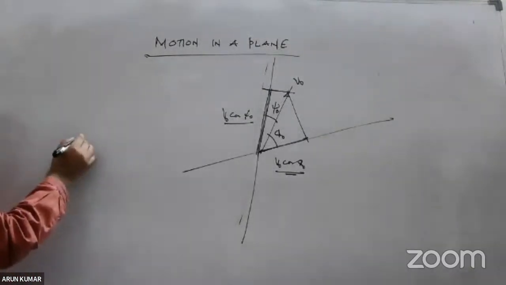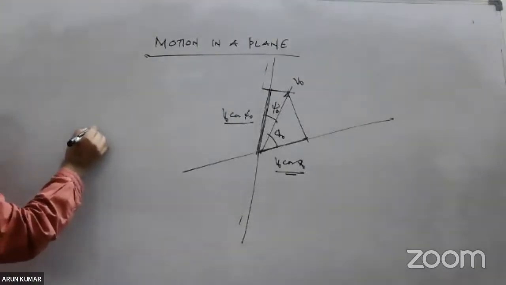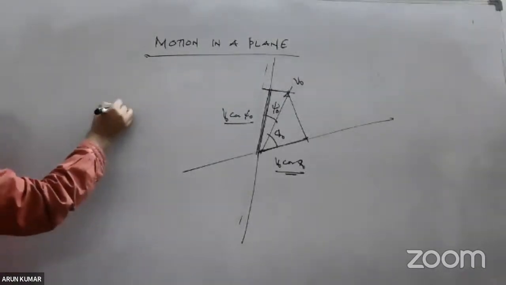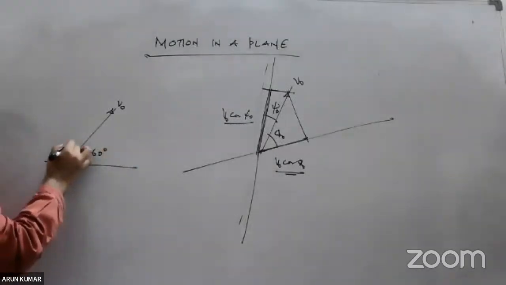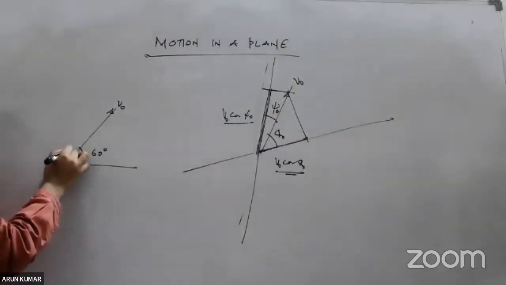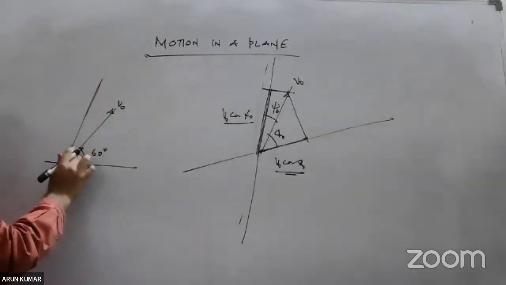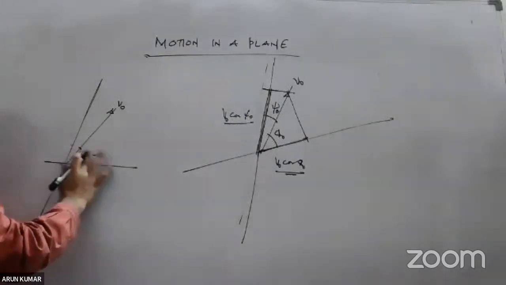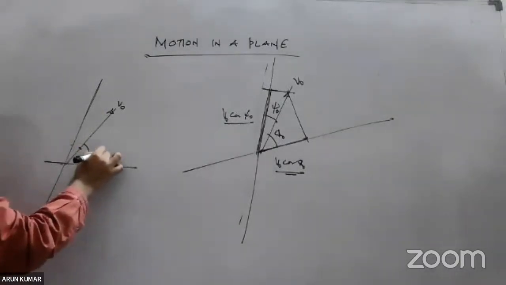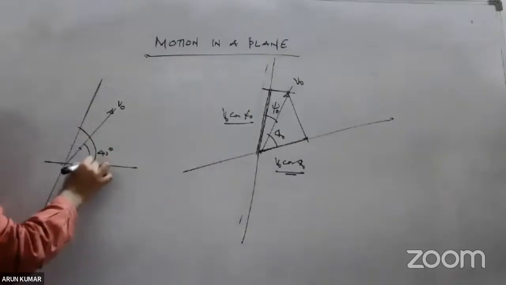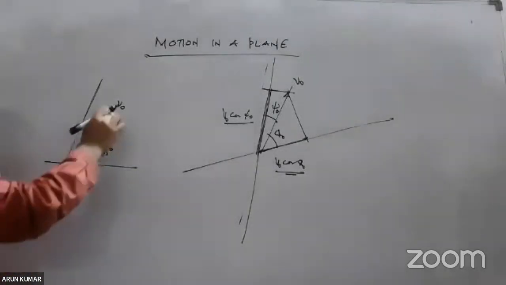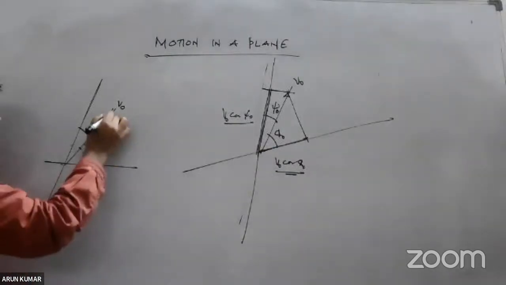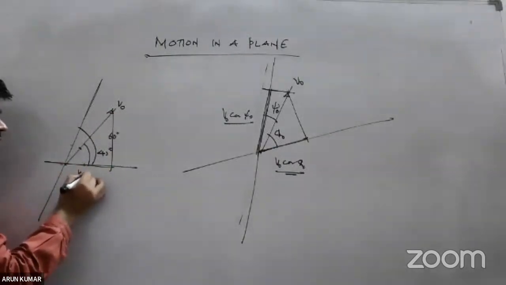Now let us say V naught is this one. This is 45 degrees. I've got another line which is making 60 degrees with this line. So what is the component of V naught along this line? It is V naught cos 45.